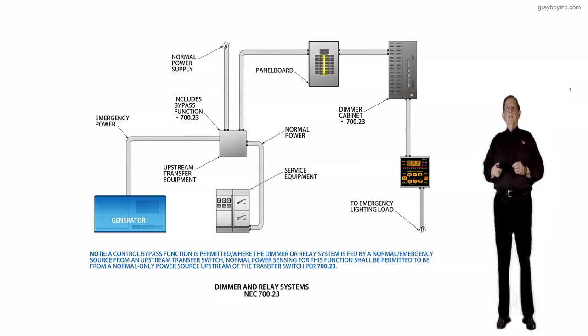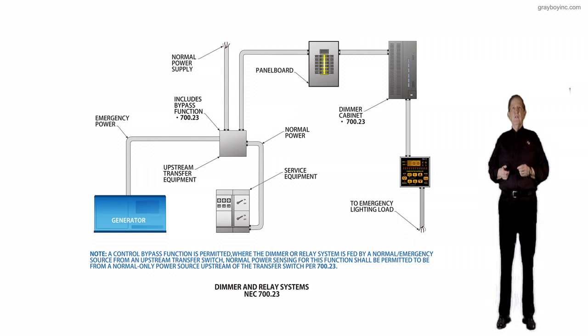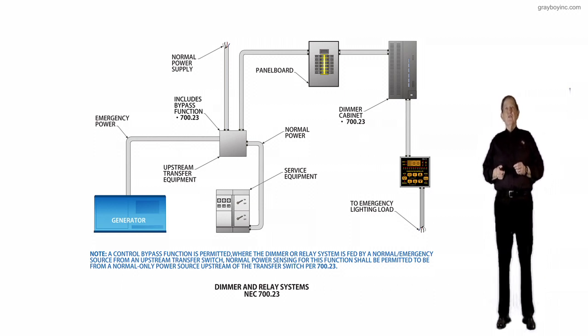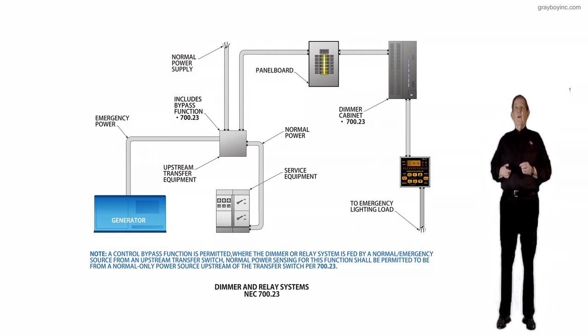And notice it includes a bypass function in accordance with 700.23. Now notice the raceway system coming into the panel, the transfer switch terminating there. Notice it's normally the power source that we've been talking about.